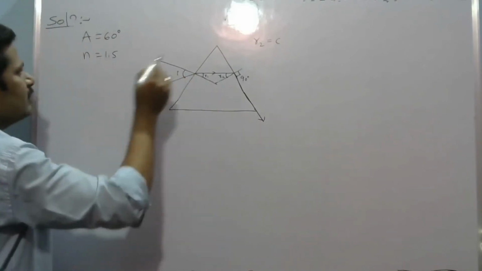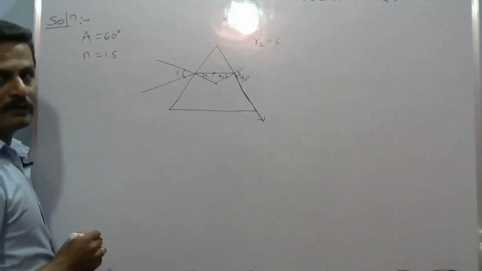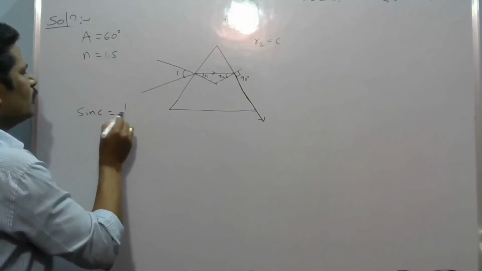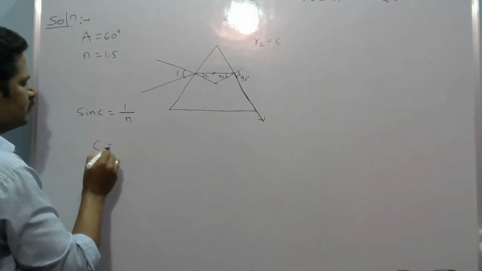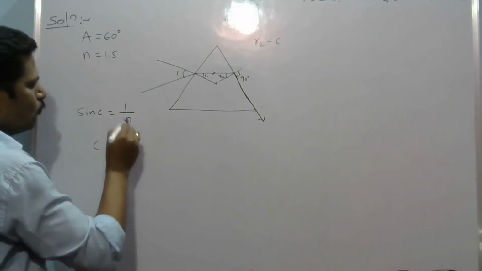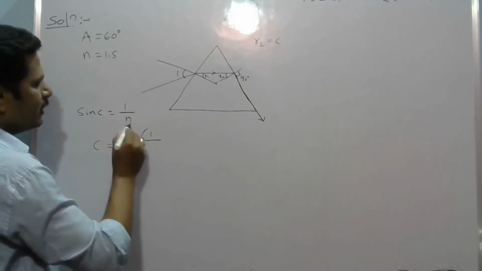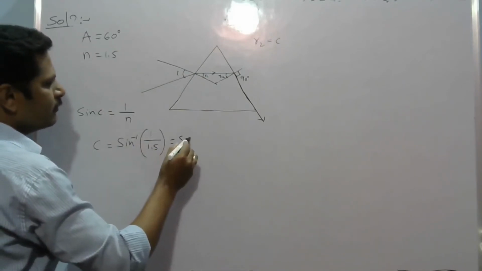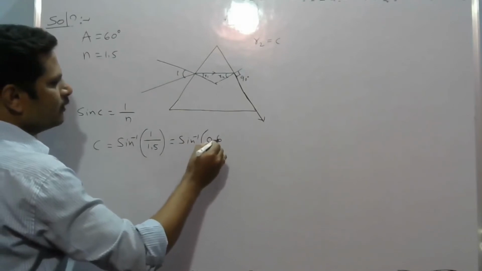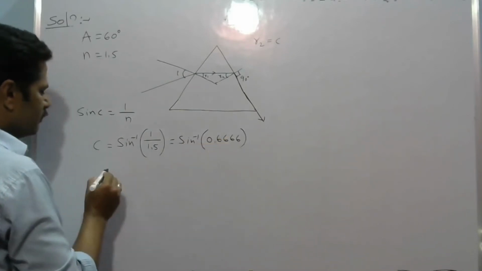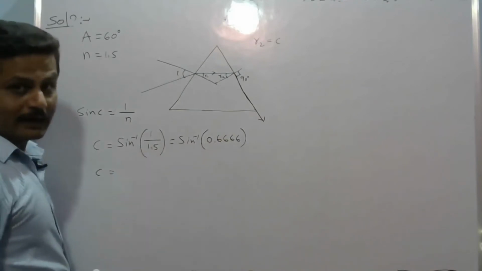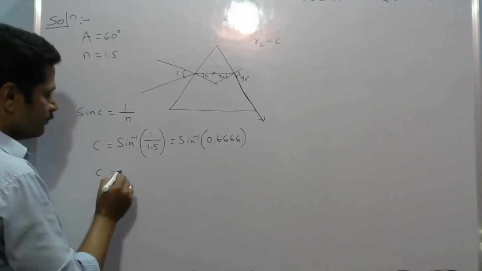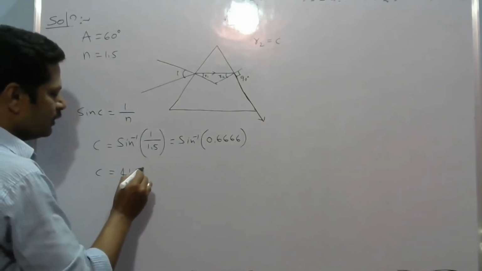Now we have a relationship between the refractive index and the critical angle: sin C equals 1 divided by n. So C equals sin inverse of 1 by n, where n equals 1.5. 1 divided by 1.5 is 0.6666. Using the natural sine table, sin inverse of 0.6666 is 41.8 degrees.